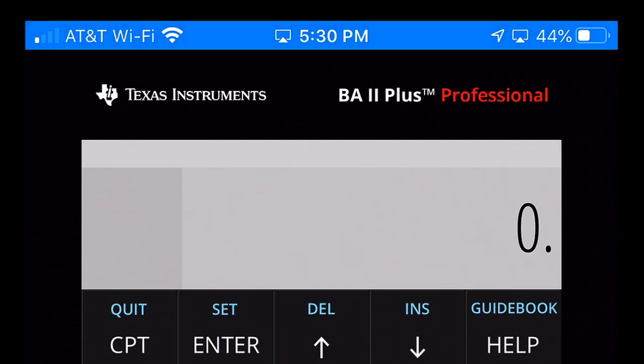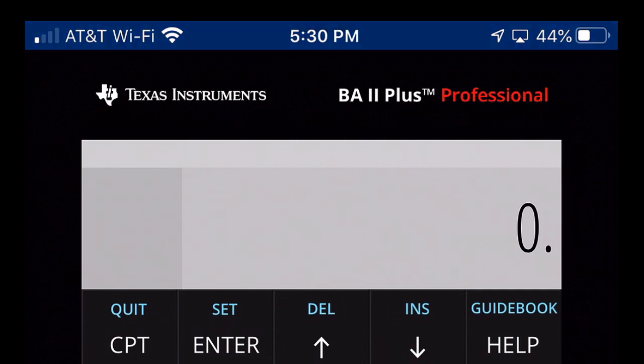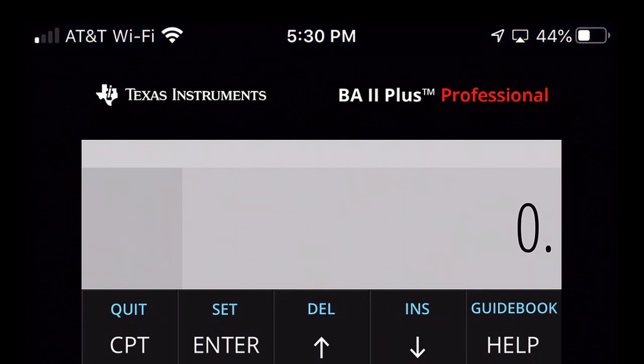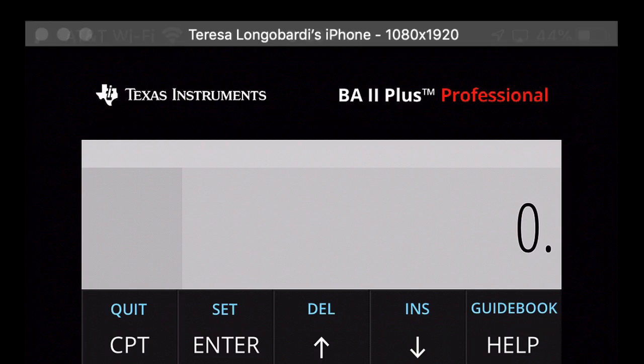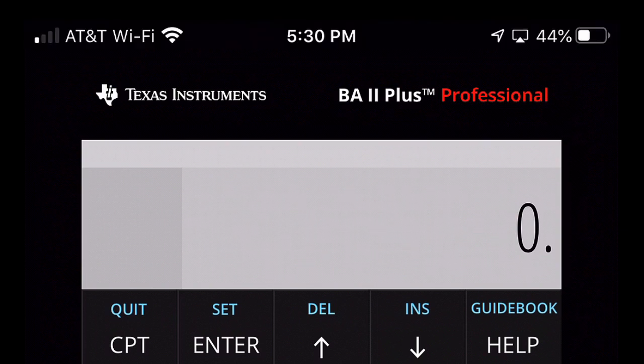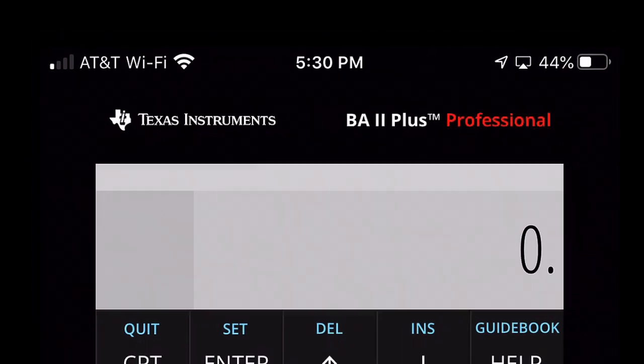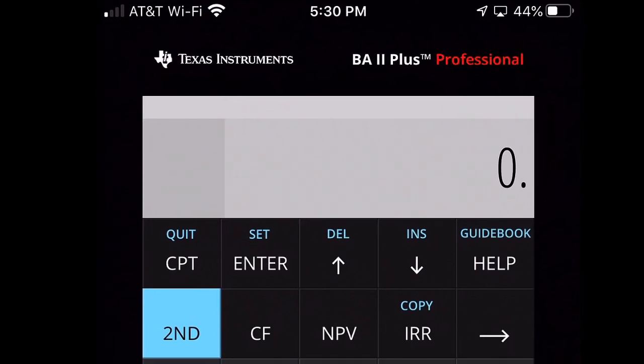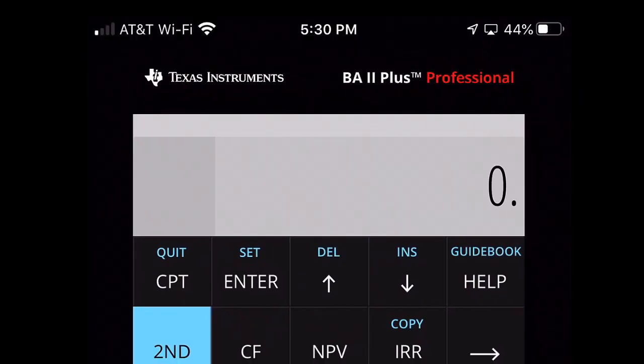Okay, so I'm going to use my TI BA II Plus, but similar symbols will be on any calculator that I've said you could use. So you have to go down to the right side on this phone. Oh, wait, how am I going to make sure that this shows? I have to make it smaller to fit it.